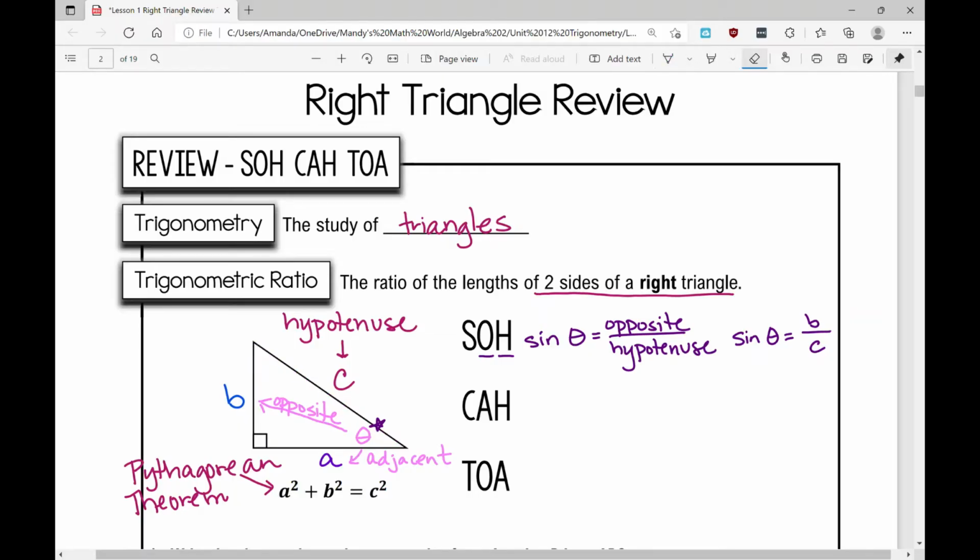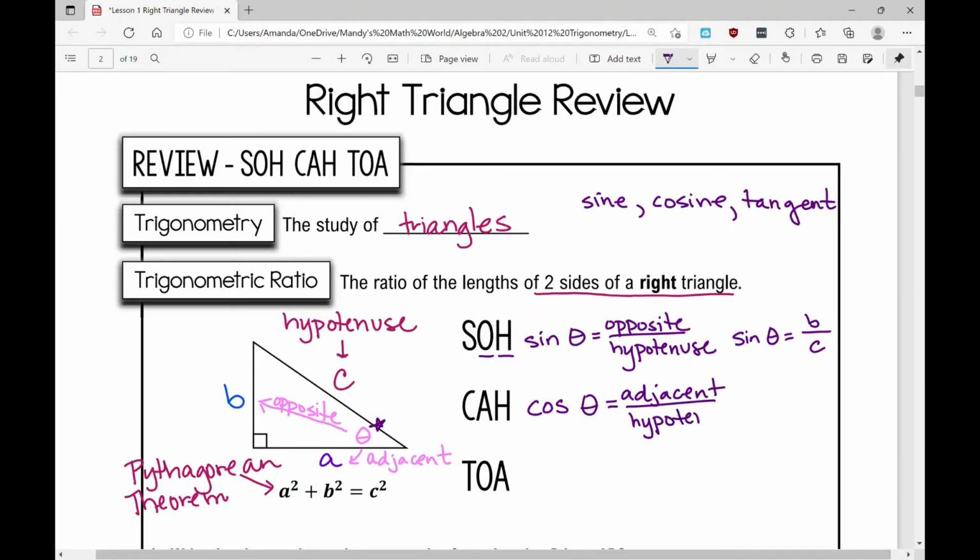So let's move on to the next one. Cosine. The cosine of theta, which, if you want them spelled out, there's sine, cosine, and then tangent, which you may recall. I'm just abbreviating them. The cosine of theta is the ratio of the adjacent side over the hypotenuse.